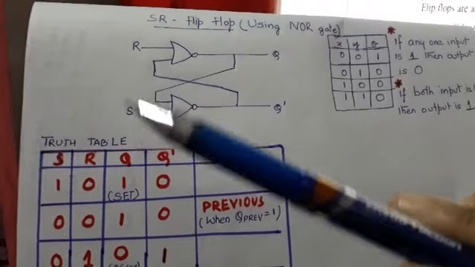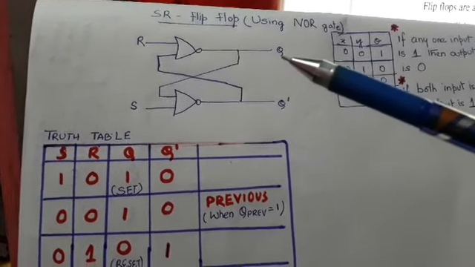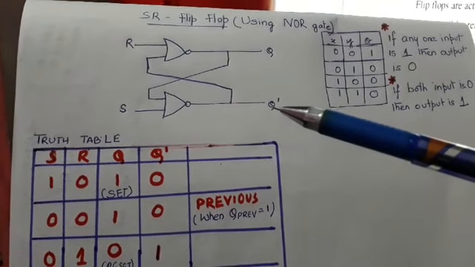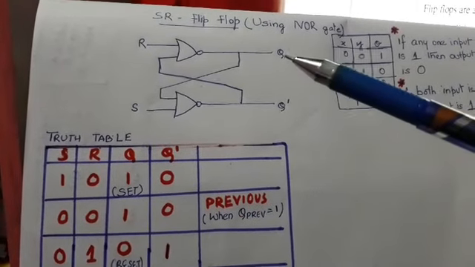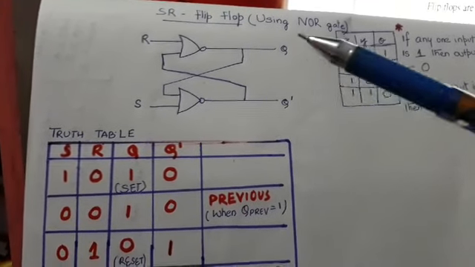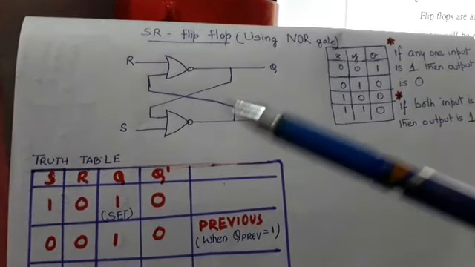So there are two inputs here, R and S, and then we have output Q and another output Q complement. Q prime is the complement of Q. If Q is 1, it means this is 0. If this is 0, it means Q is 1. So this is the simple diagram.